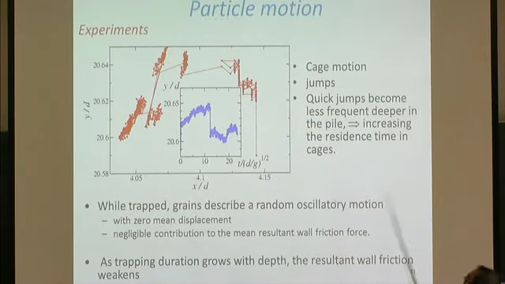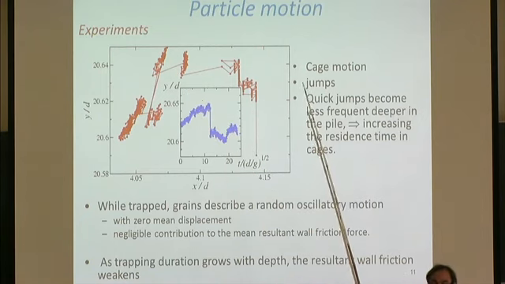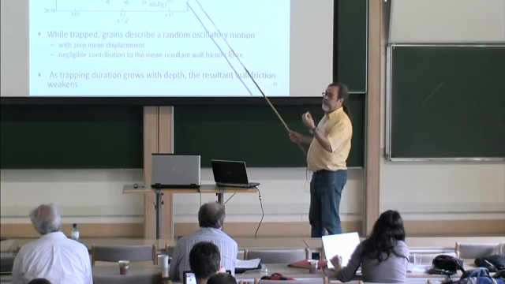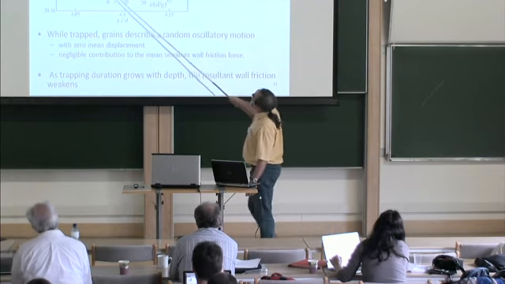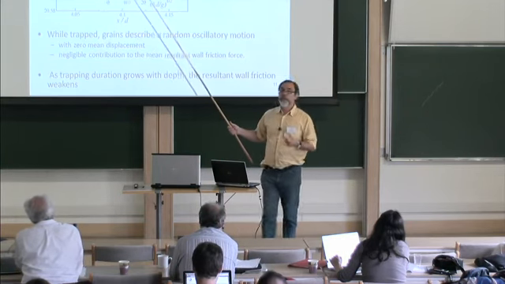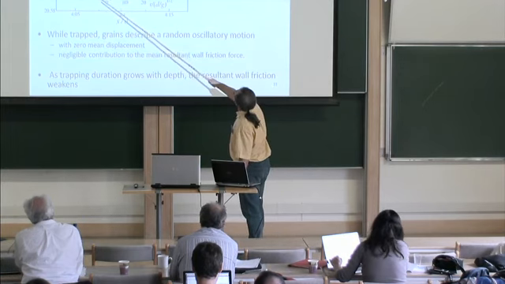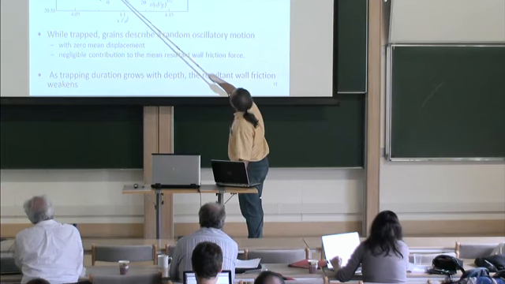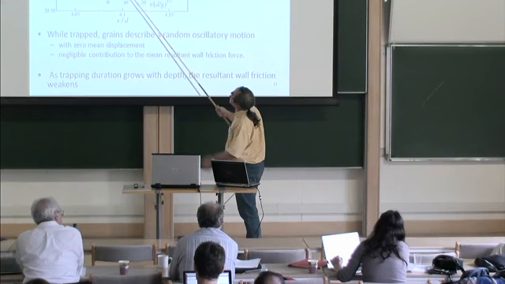So why is it decreasing? We can explain it easily from what we have seen in the experiments: the grains which are deep inside the heap cannot move easily. They are in some kind of cages, like for glassy behavior, and they are only jumping inside the cage. And sometimes they have larger jumps, when the cage is deformed.